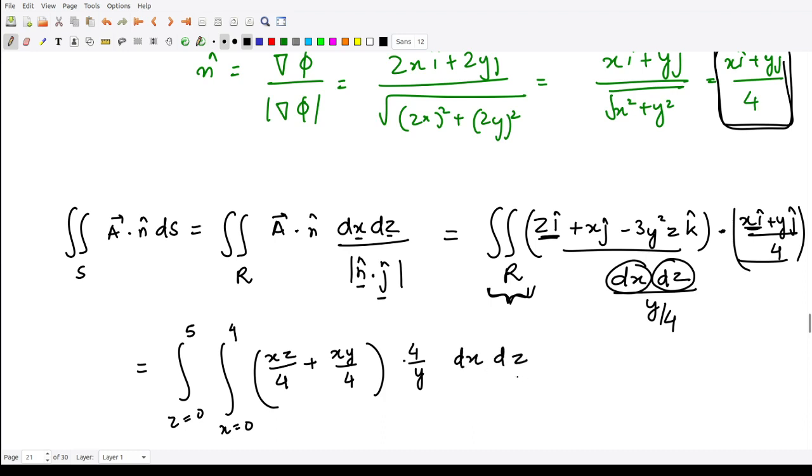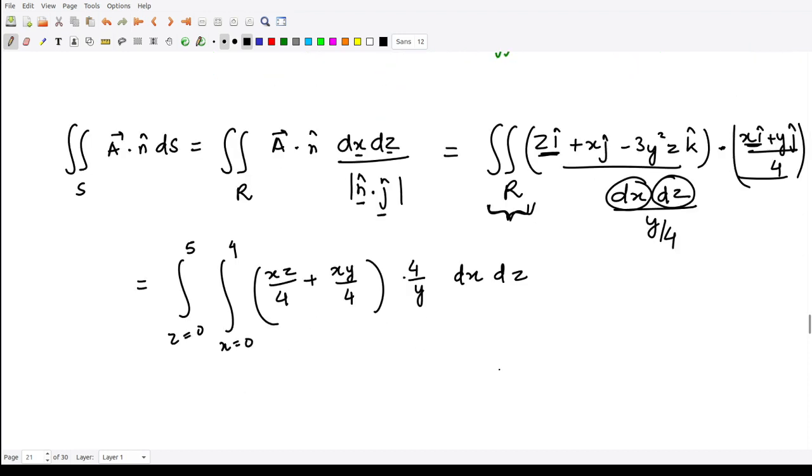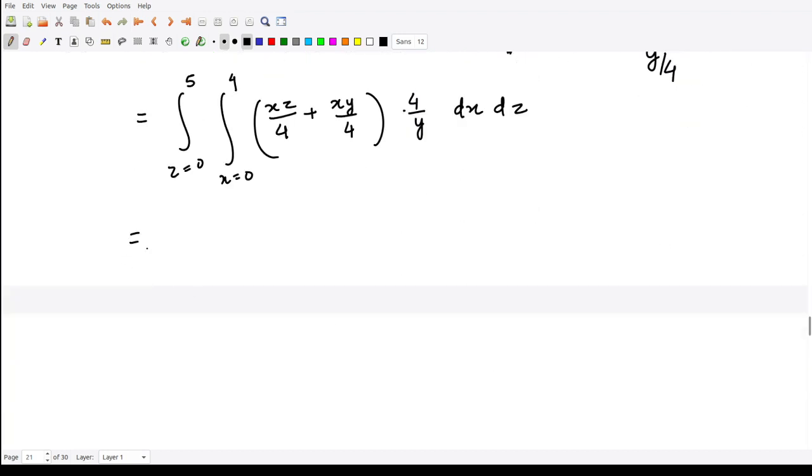So this is what you have. The next step is just to solve this integration. So when you solve this integration, you will have z varying from 0 to 5, x varying from 0 to 4, and then xz by 4y.